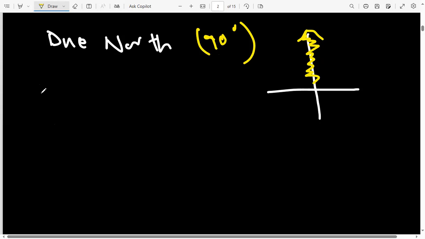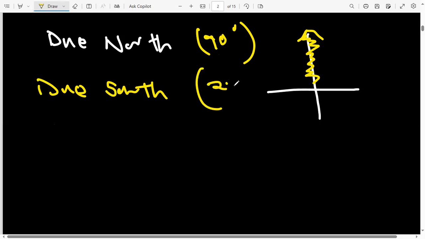And then let's say due south. Due south means 270 degrees. It means your vector is starting from this point and going like that. Remember I said you always read the angles from the positive x-axis.